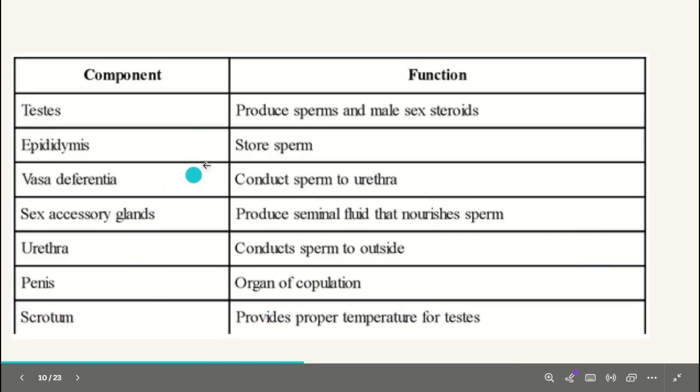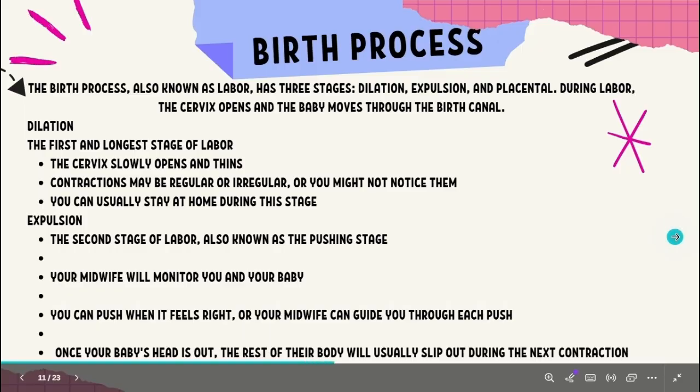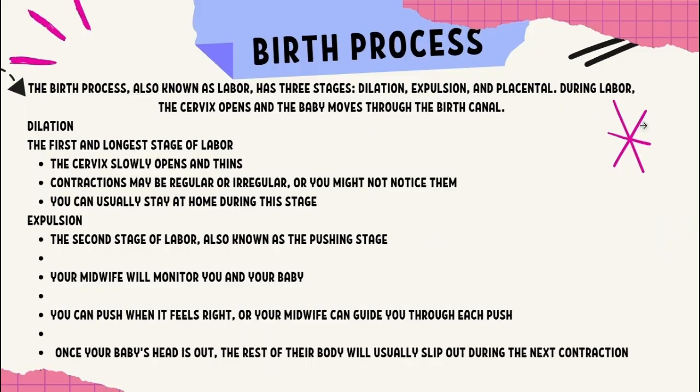So basically those are the functions, and now the birth process. So the birth process, also known as labor, has three stages: the dilation, expulsion, and placental. During labor, the cervix is going to open and the baby is going to move through the birth canal.